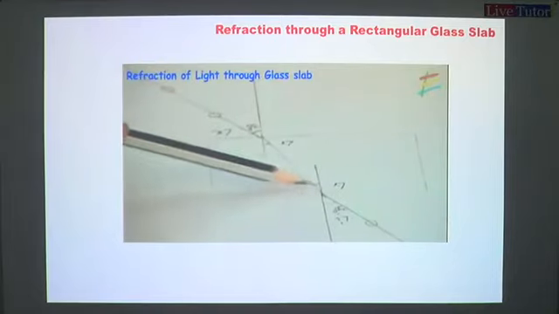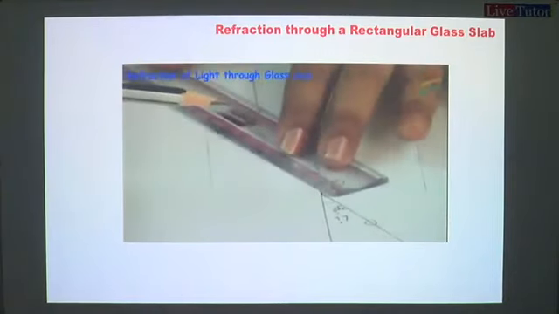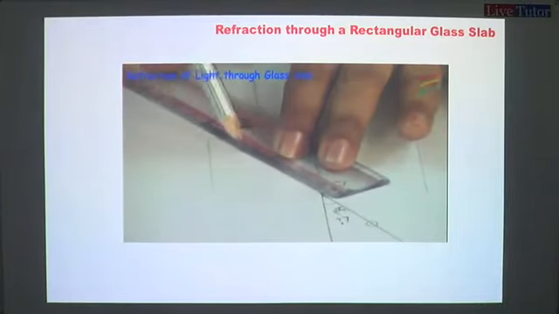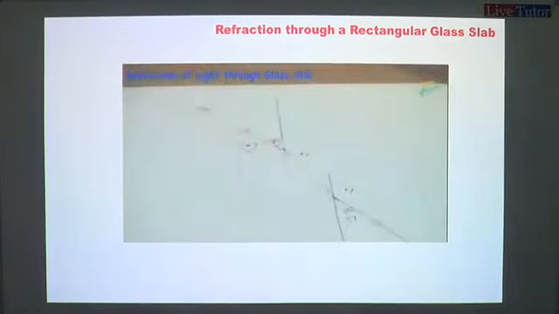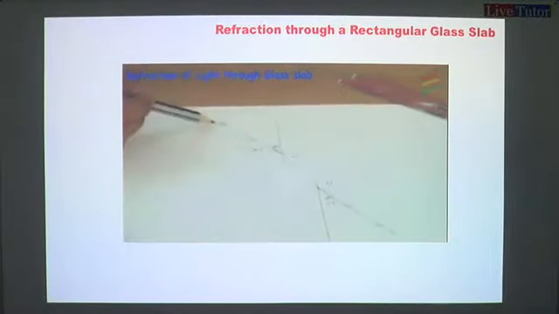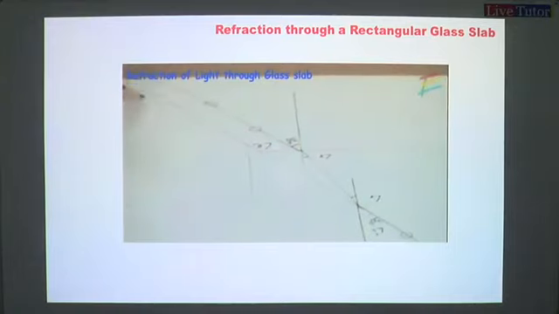If we further extend this line, that is the line of incidence, we get a parallel line of emergence and a parallel line of the incident ray.